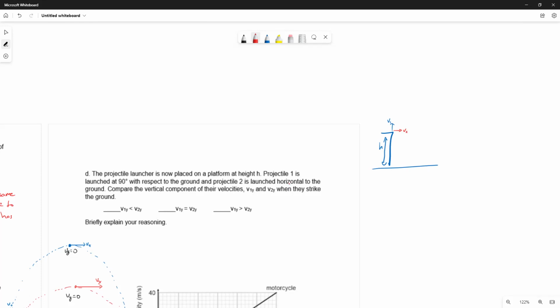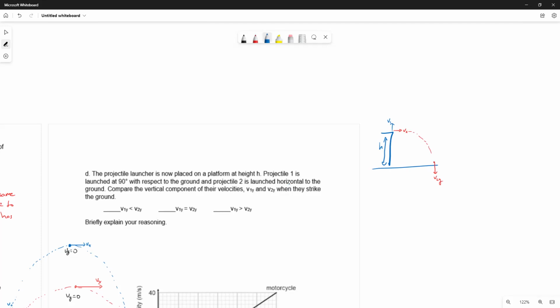Okay. We want to compare the vertical components of the velocity, right? So initially, the red one, v2, does not have vertical velocity, but it does gain it as it comes down. And so by the point it gets here, when it's about to hit the ground, it does have some velocity in the y direction.